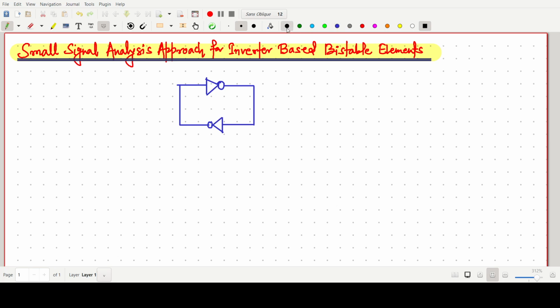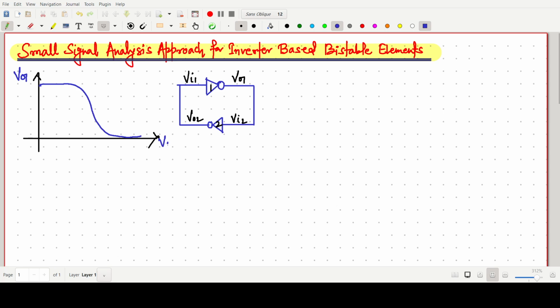In the last video lecture, we studied the corresponding output, in which we have taken this as inverter 1 and 2, and this as input Vi1, then the output will be V01, and for this one this should be Vi2, then V02 is the output, and the corresponding response that we have already covered. This one is for V01 and Vi1.